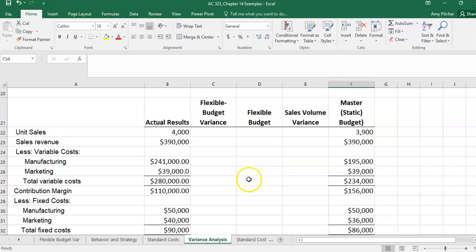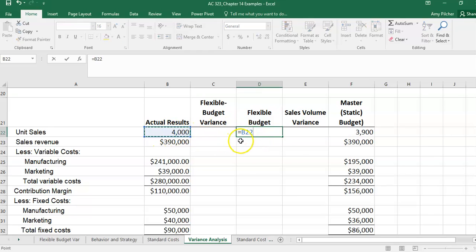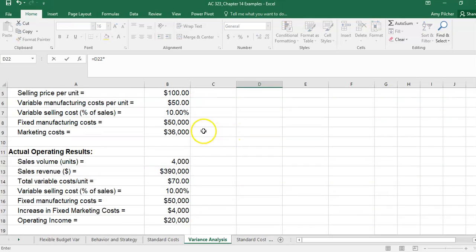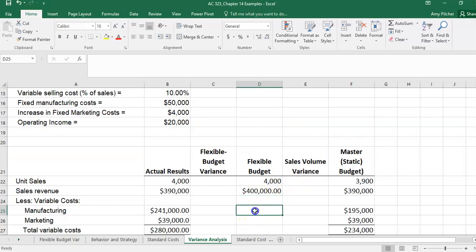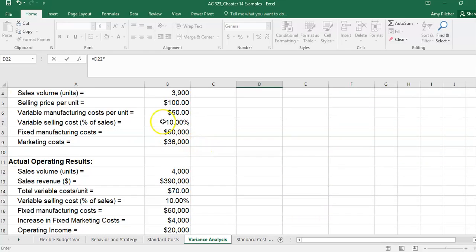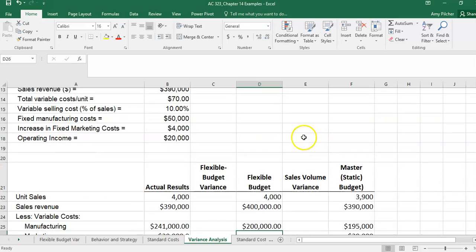Now we need to calculate what the flexible budget would be. So we know that the flexible budget and the actual results match in units. Then we need to calculate our flexible budget amounts at our static budget rate. So we have our 4,000 units times our budgeted selling price of $100 per unit. And our manufacturing, so 4,000 units times variable manufacturing of $50 per unit.